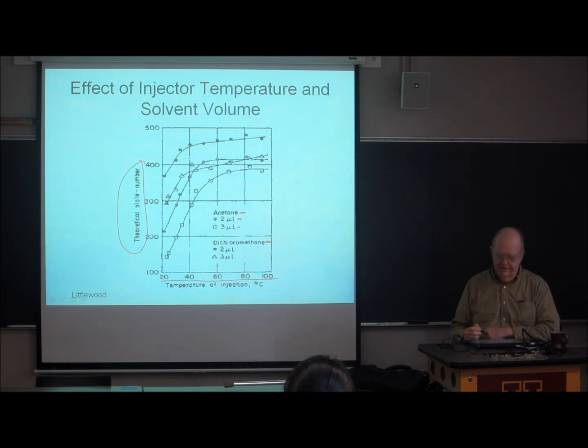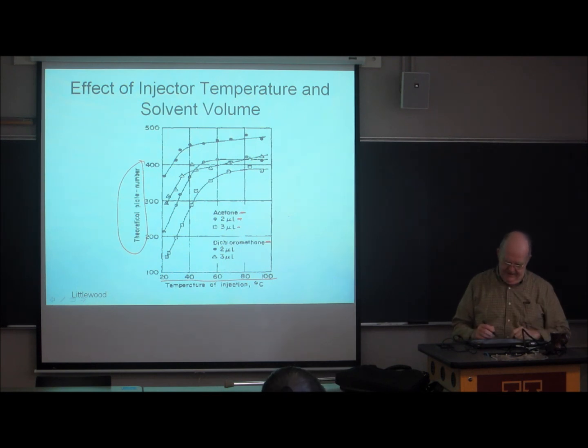There's a lot of data here, and I know it's hard to read, but there's several things that are very clear. Number one, the temperature of the injector is absolutely critical, and if you're at excessively low temperature, your peaks are going to be very broad. You're not going to instantaneously vaporize the sample.